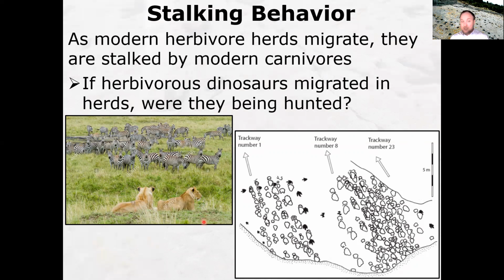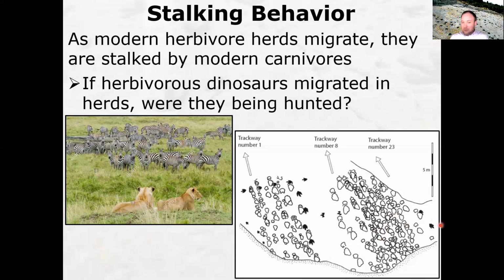Did dinosaurs do that? Well, here is a bunch of trackways of a lot of sauropod dinosaurs. There are some other dinosaurs mixed in, generally moving in one direction. So again, this looks like a herd. This looks like the herd may be migrating, maybe all moving in the same direction. So there's a herbivorous herd of dinosaurs here.